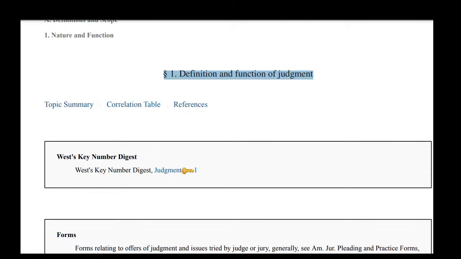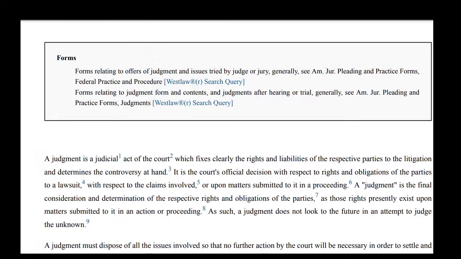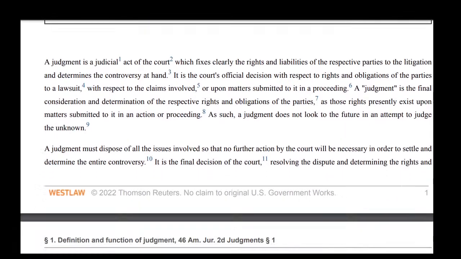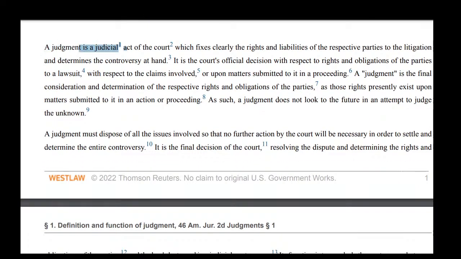So the definition and function of a judgment. A judgment is a judicial act of the court which fixes clearly the rights and liabilities of the respective parties to the litigation and determines the controversy at hand. So the judgment determines the controversy at hand.